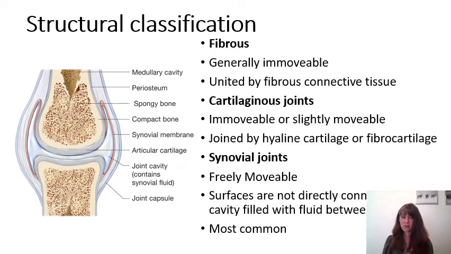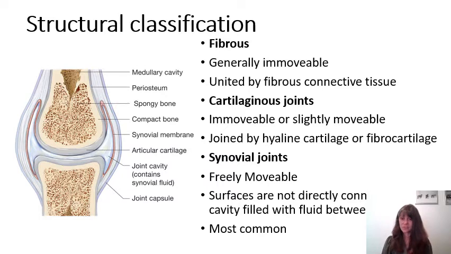Cartilaginous joints are joined together either by hyaline cartilage or fibrocartilage. You'll remember there are only 3 types of cartilage. We have hyaline cartilage, fibrocartilage, and elastic cartilage. Elastic cartilage does not make up a cartilaginous joint.